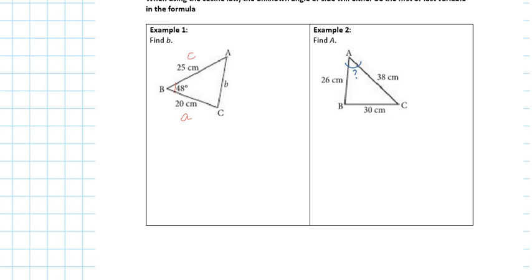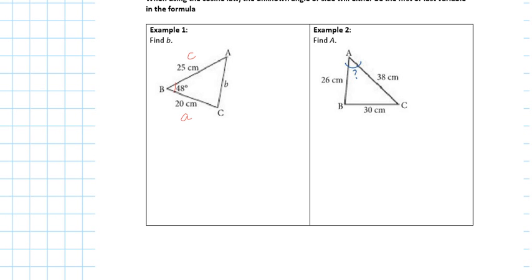And in this case, can you describe the given information to me? They gave me two sides and a contained angle. All right. So I can use what law? Cosine law.